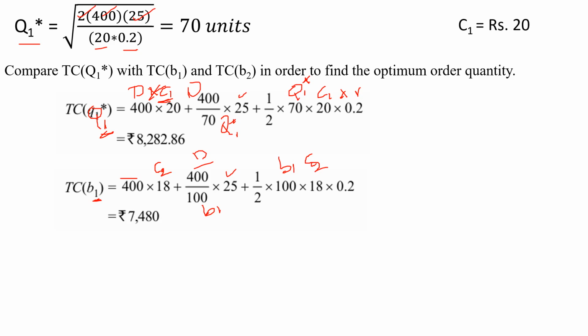We will get the final cost: total inventory cost at the B1 quantity is 7,480.